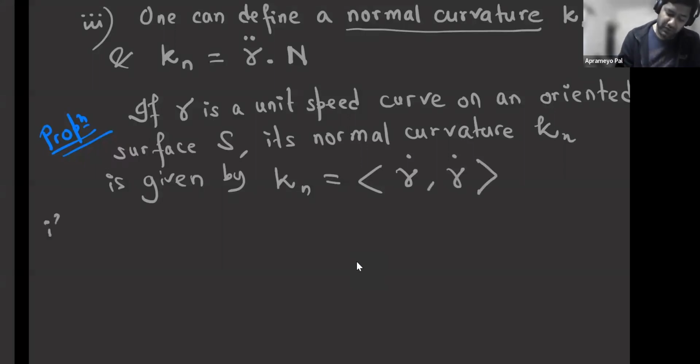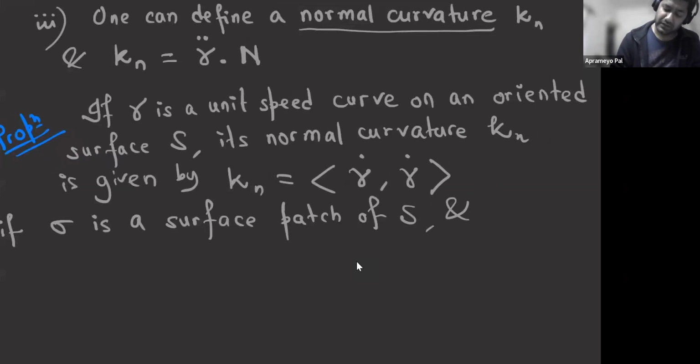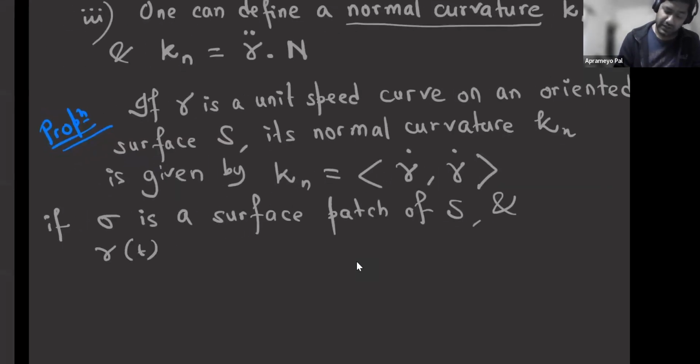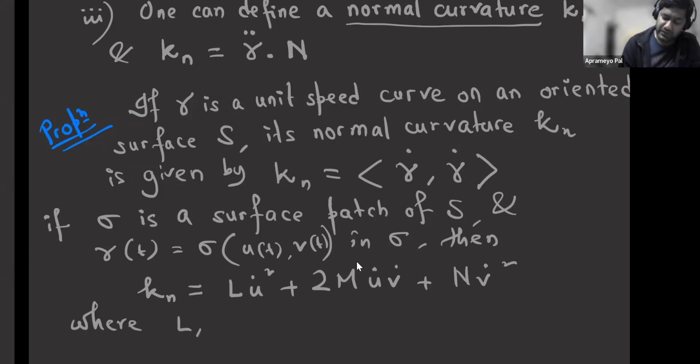So in other words, in particular, if sigma is a surface patch of S and you take a curve gamma(t) equals sigma(u(t), v(t)) in sigma, then essentially kappa n is nothing but L u dot square plus 2m u dot v dot plus n v dot square, where L, m, n are as before.